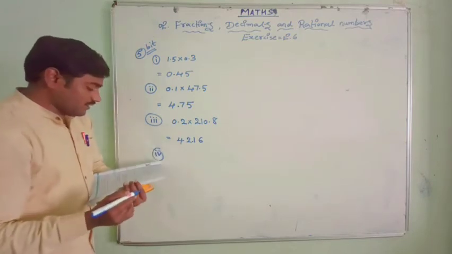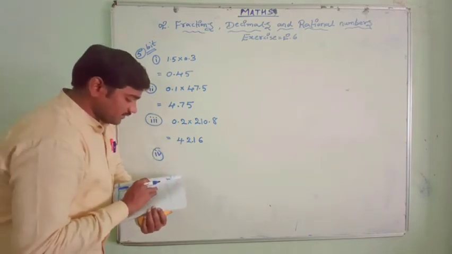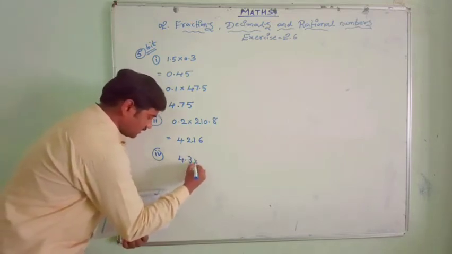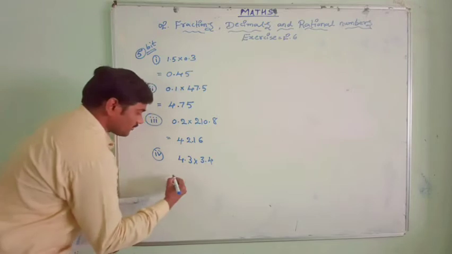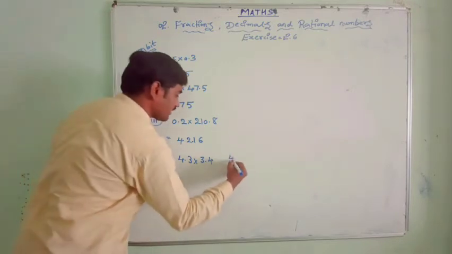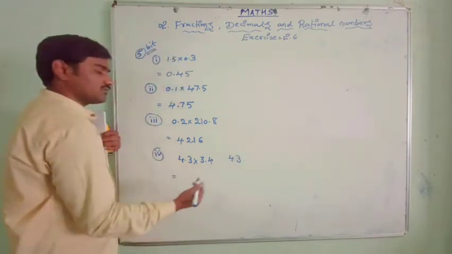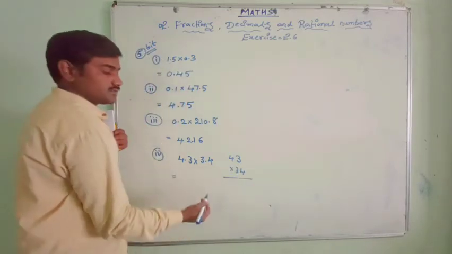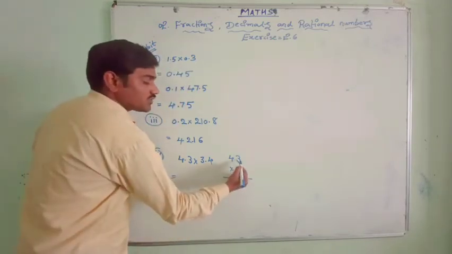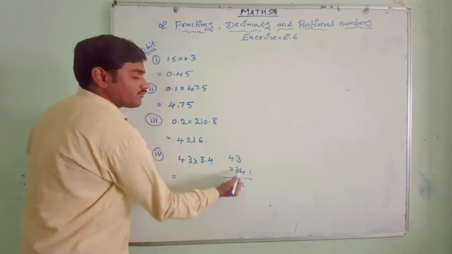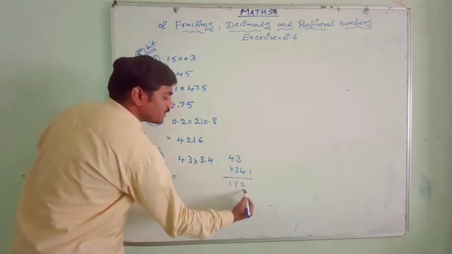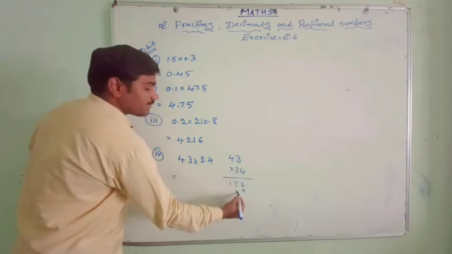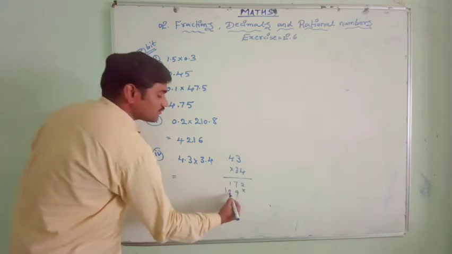Then the fourth one, rough work you need to do. Here I am able to do it directly, so I am doing it. 4.3 into 3.4. Let us do the rough work here. 4.3 is nothing but 43 into 34. First you multiply without decimals. 4 3s are 12, 1 carry. 4 4s are 16 plus 1, 17. Ones place multiplication is completed. With the tens place multiplication, 3 3s are 9 and 3 4s are 12.